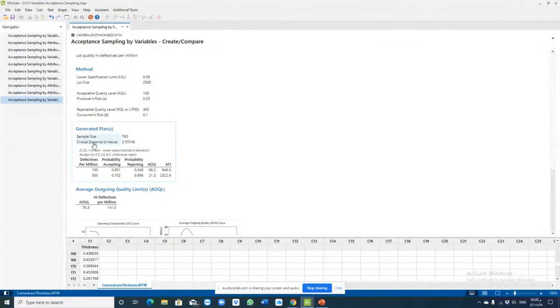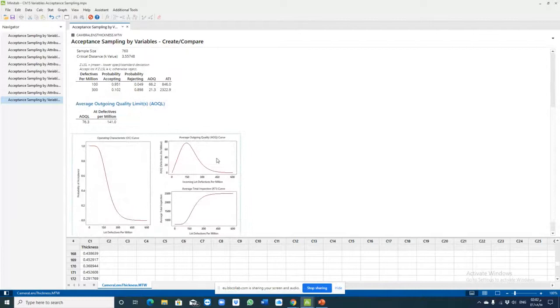He will calculate the critical distance for you. That means you accept the lot if the z-value is greater than the lower specification limit. And we will have an example only explain about the value for the critical distance.